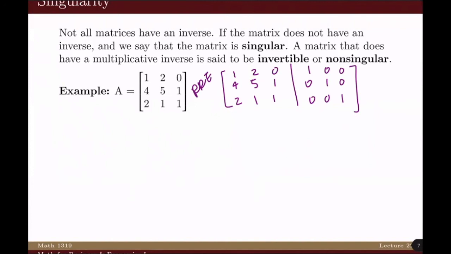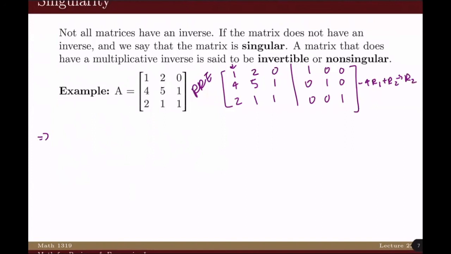So the first thing that we can do is -4 times row 1 plus row 2, since we already have that 1 in the top left corner. And so this gives us our new row 2.